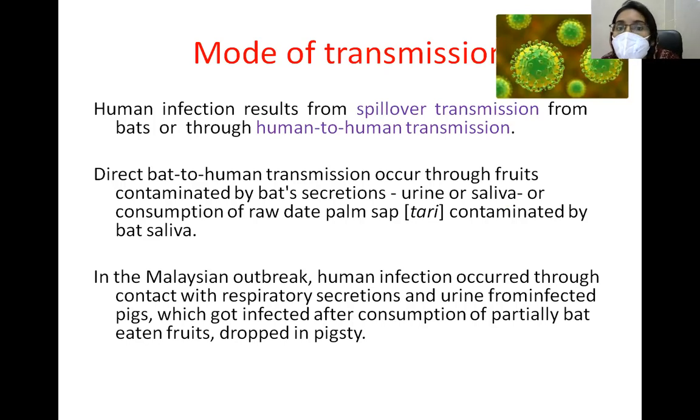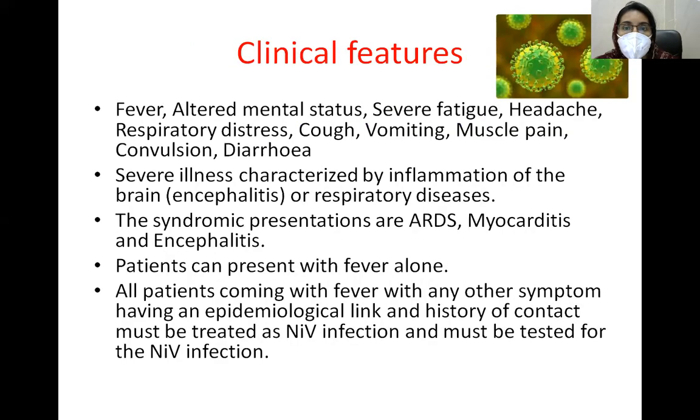All this can cause infection in humans. In the Malaysian outbreak, human infection occurred through contact with the respiratory secretions and urine from infected pigs. These pigs got infected after consumption of partially bat-eaten fruits dropped in the pig sty. So there is always direct transmission from human to human, as well as spillover transmission. This stresses the importance of contact precautions whenever you deal with a patient of Nipah.